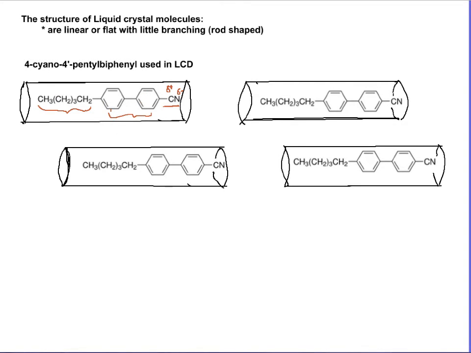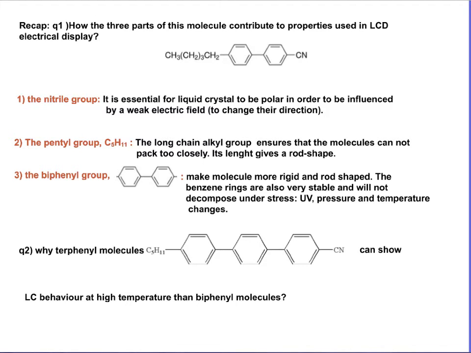Now, to recap, because it's important, I'm showing the same molecule and posing the question the way IB likes to challenge you. They will give you the biphenyl, for example, and say, take the 3 parts of this molecule, dissect it, and describe why they are needed in order to give its properties.